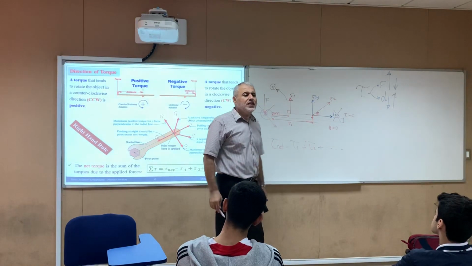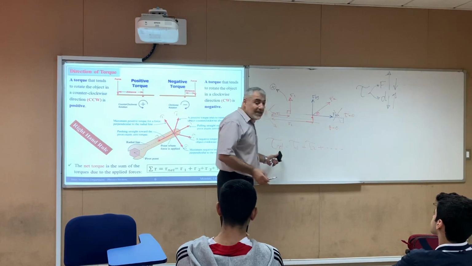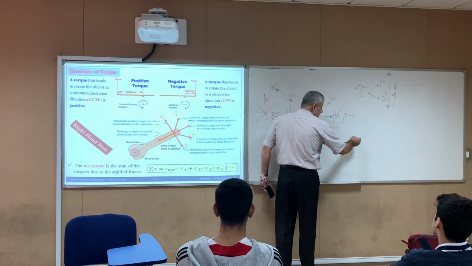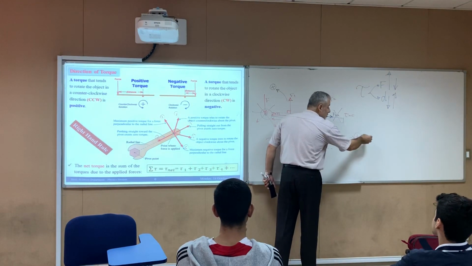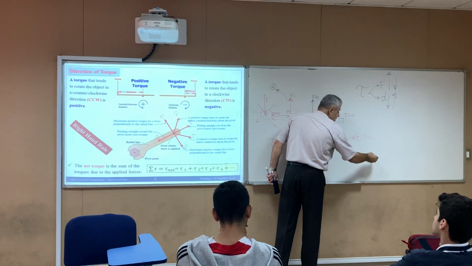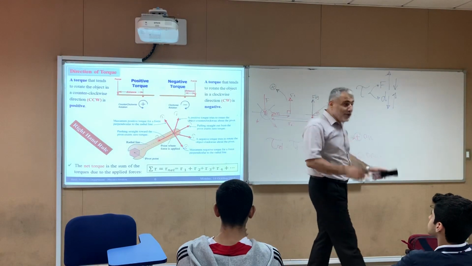Of course, you should take care of the sign, positive or negative. Sometimes your net torque, or resultant torque, could be positive, which means rotation will be counterclockwise. If it is negative, rotation will be clockwise. That's it. We deal with torque just like forces.